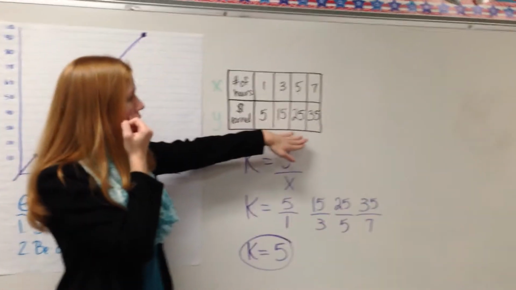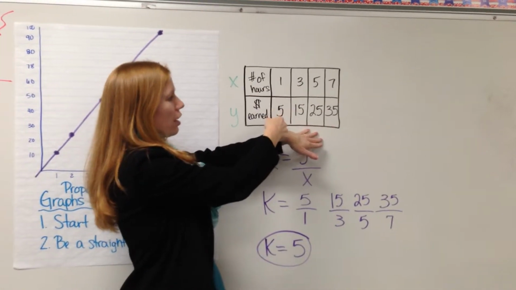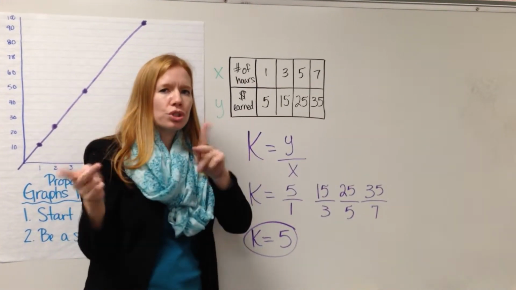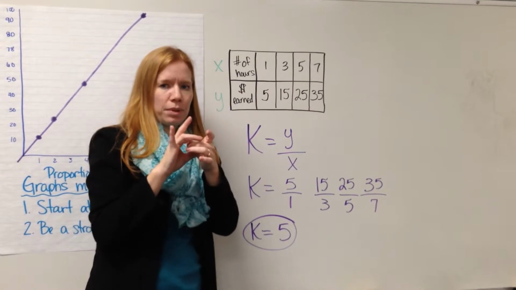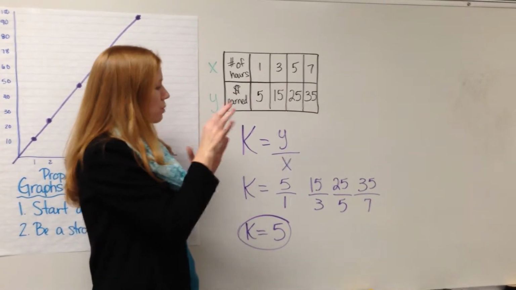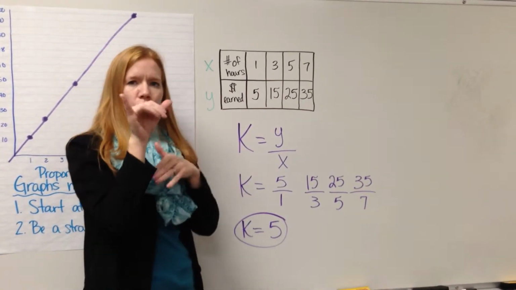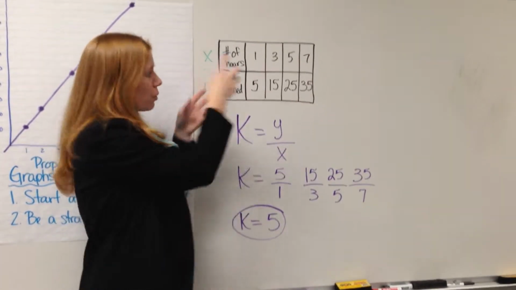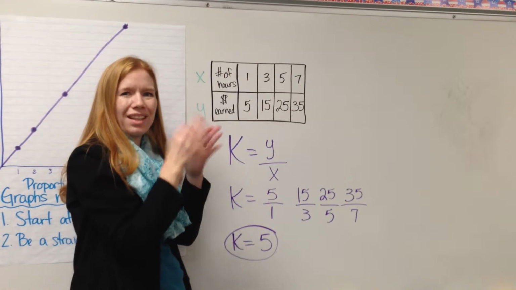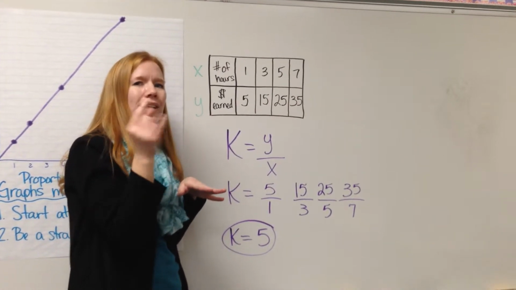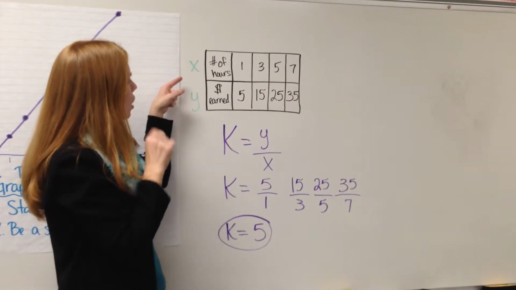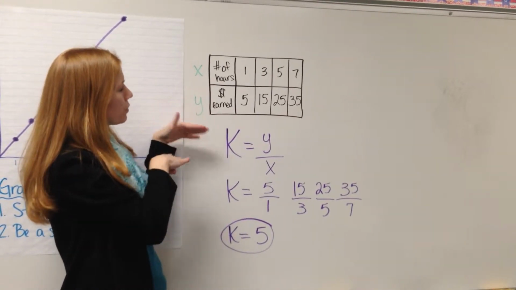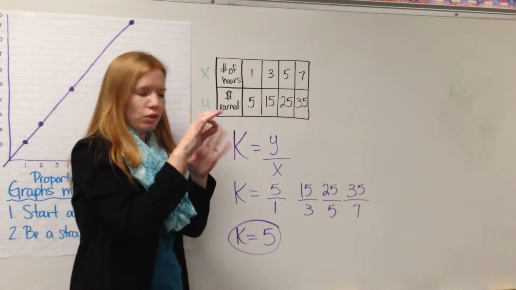One more thing that I want to show you. If I have a chart, can I figure out if that is a proportional relationship? Yes. I'm going to use my formula, K equals y divided by x. And I can put this information into the formula and divide it and see if it's always the same answer. So remember, I'm going to have x on the top, y on the bottom, and then use that information in the formula.